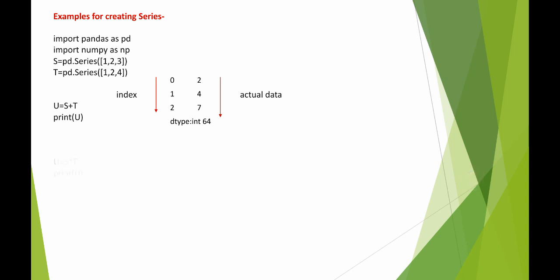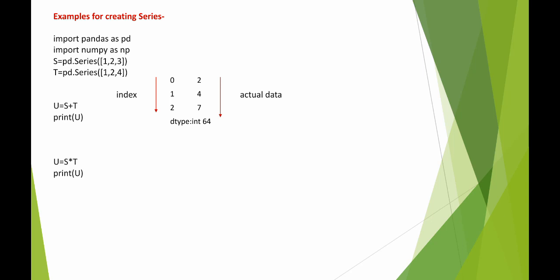Okay. Now see, if we write u is equal to s into t, here we are going to multiply s and t. In the first case, u is equal to s plus t, the respective elements of s and t were added, but here in u is equal to s into t we multiply the respective elements.